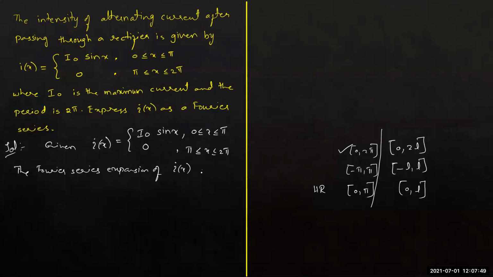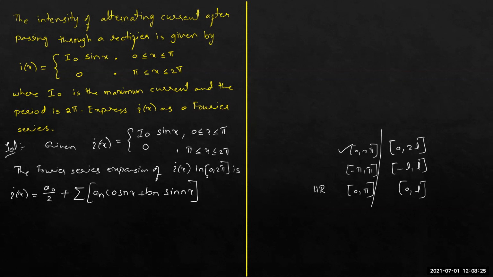Whatever the function you are given, I of x in the interval 0, 2 pi, we can write it like this: wherever there is f of x, instead of that now I write I, that's the only change. I of x is equal to a naught by 2 plus summation an cos nx plus bn sin nx. So this is the formula we use for a 2 pi length interval, for a 2 pi periodic function.